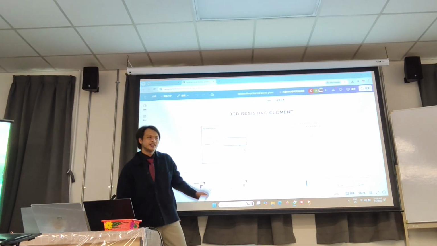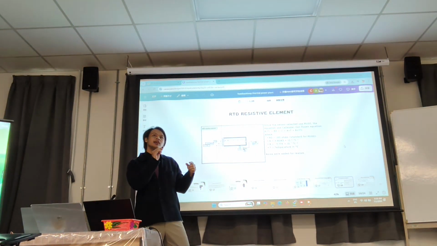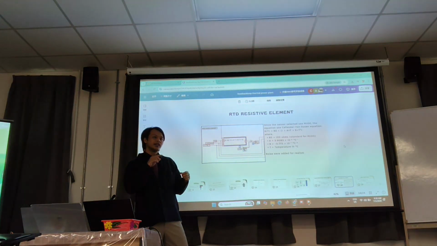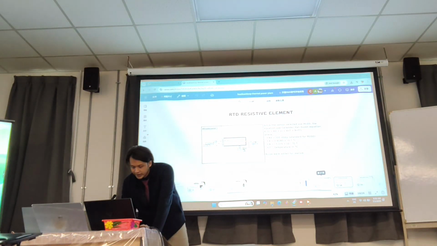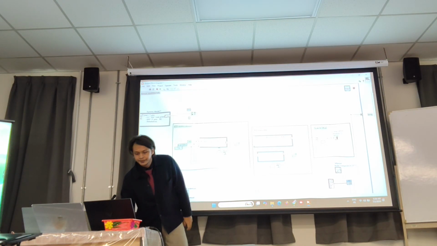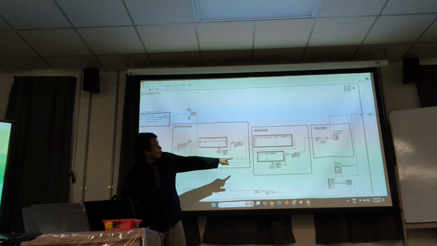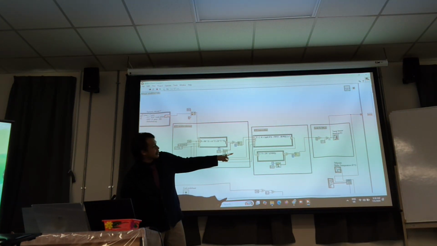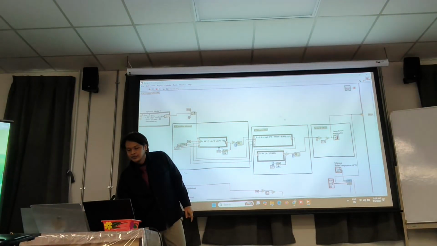So you can find it using minus B plus or minus square root of B squared minus 4AC over 2A. So you can find the T back, in this process. And then it is changed into the electrical current signal, the 4 to 20, and then it is scaled and offset here to match back to the original temperature.